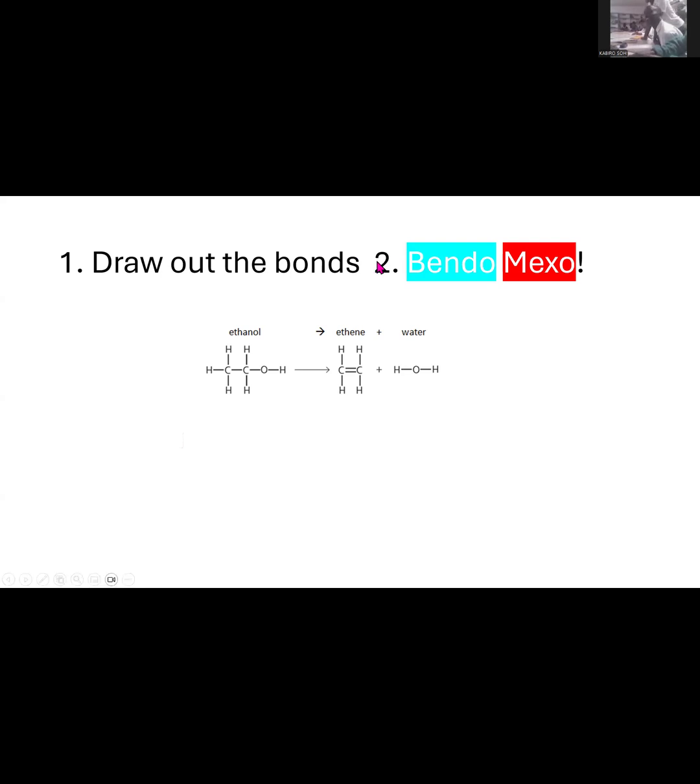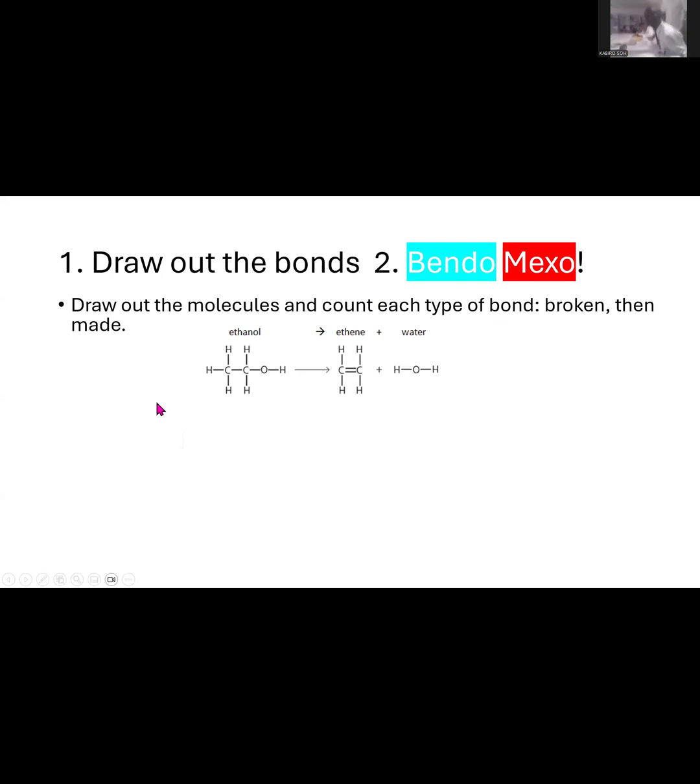So the way you do this is to draw out all the bonds and then remember endo-exo. I've drawn out the molecules, and then I need to count each type of bond broken then made. So here's the broken. I write on one side the broken ones, then the made ones. These are endothermic, these are exothermic.